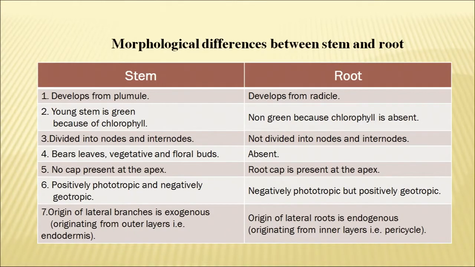And then stem has no cap, but root, since it has to grow out of sand particles or the soil particles and there is a lot of friction, the delicate tissue of the growing root tip needs a root cap for protection. So, that is the structure, root cap, and the function is protection, but stem needs no this kind of cap.